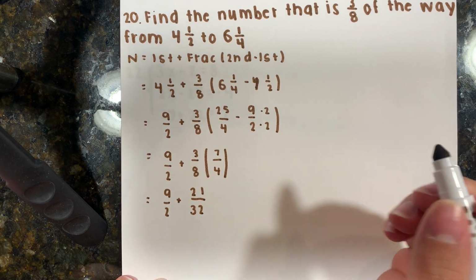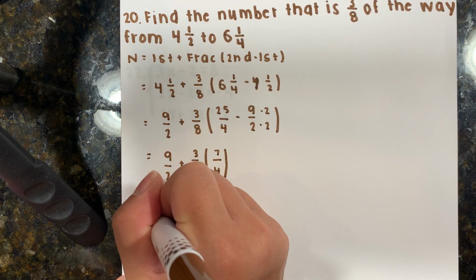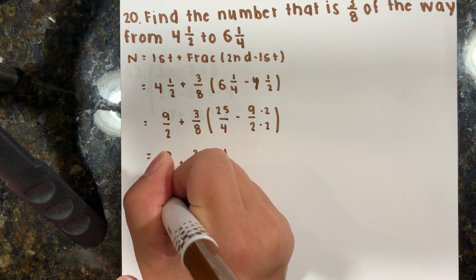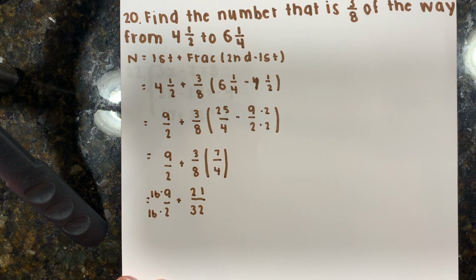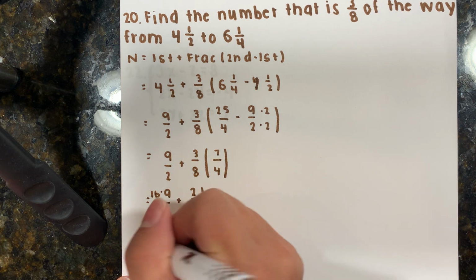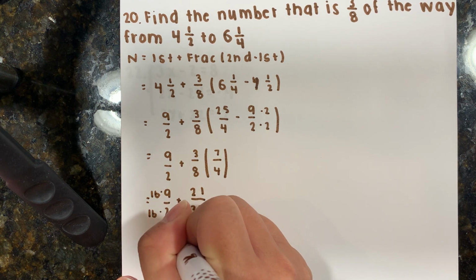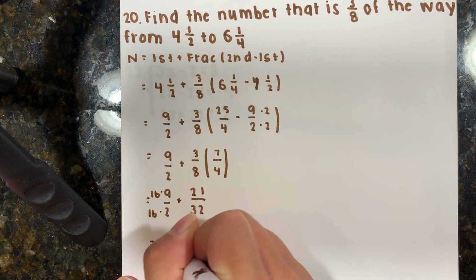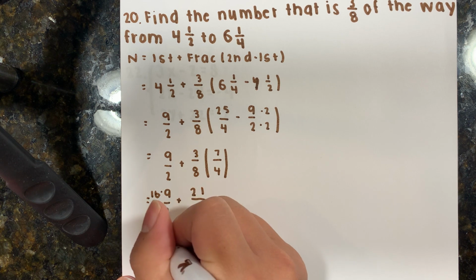So I would have to make a common denominator there, and I would multiply top and bottom by 16. So 16 times 9 plus 21 would be 165/32, and that would be your result.